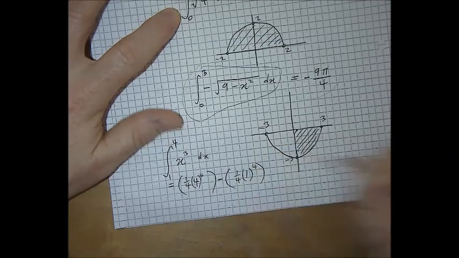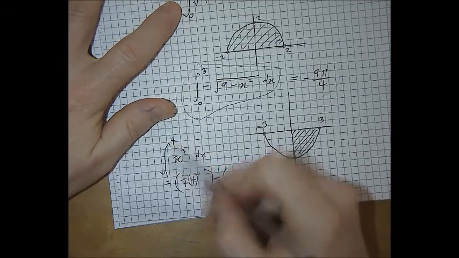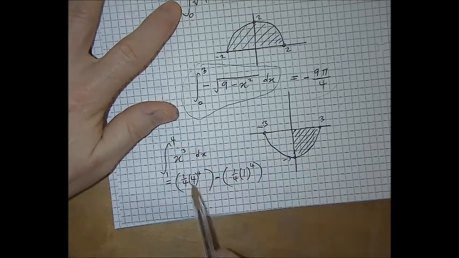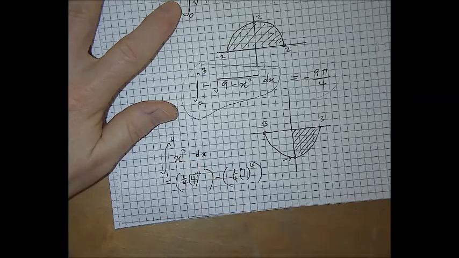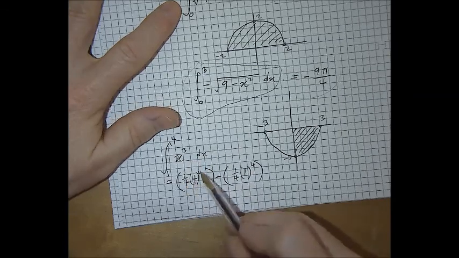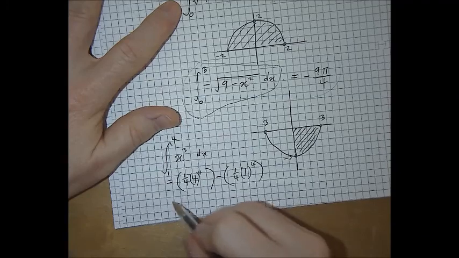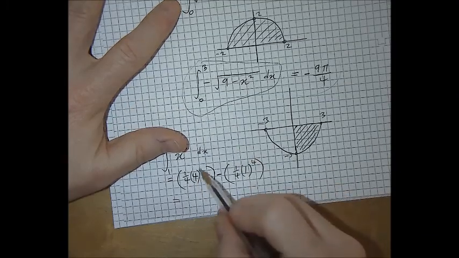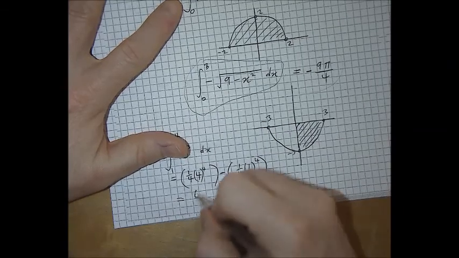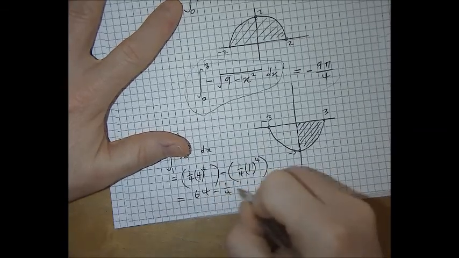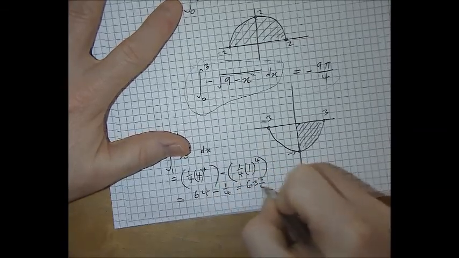I think that's right. Yeah, I've used the numbers instead of the x's, and this expression is the primitive of that, because if you differentiate a quarter x to the power 4, you get x cubed. Just work that out. So I think that's 4 to the power of 4 is 256, divided by 4 is 64. So that's 64 minus a quarter, which is 63 and 3/4.